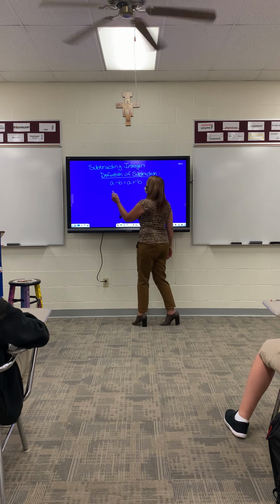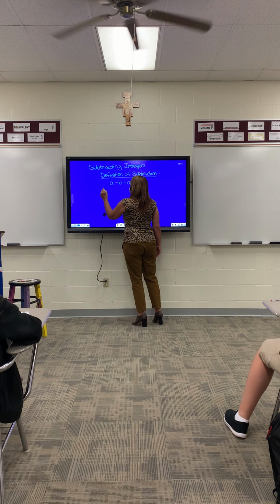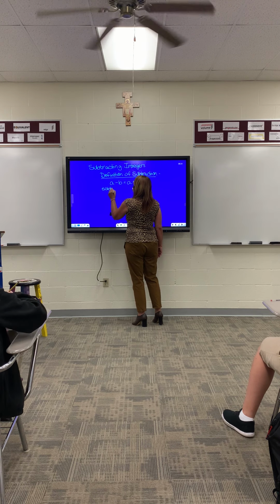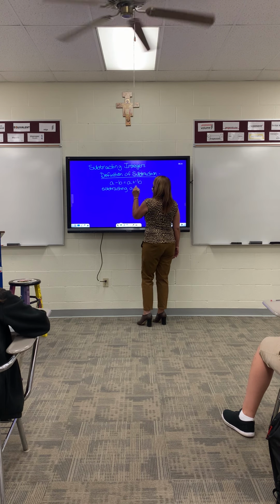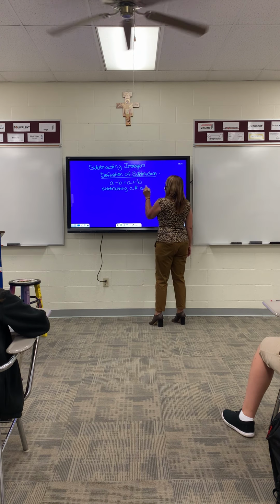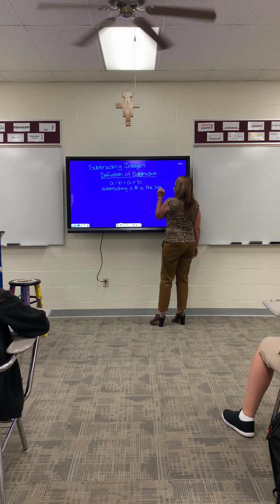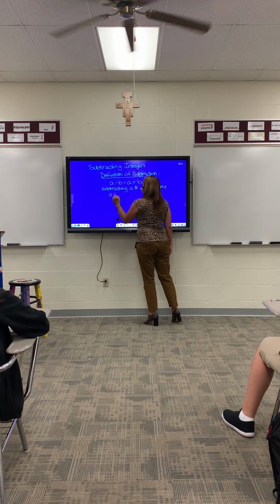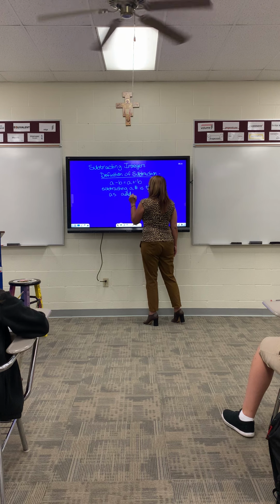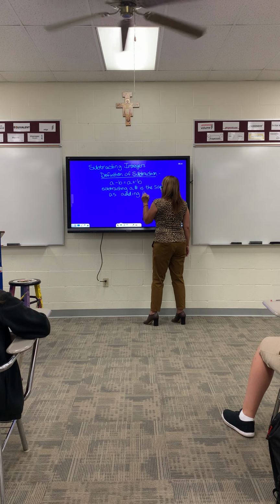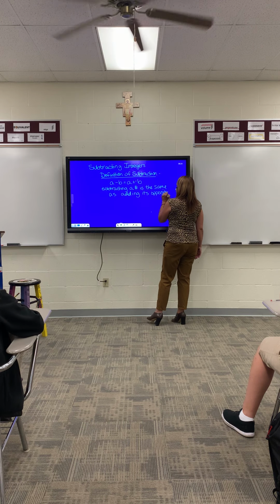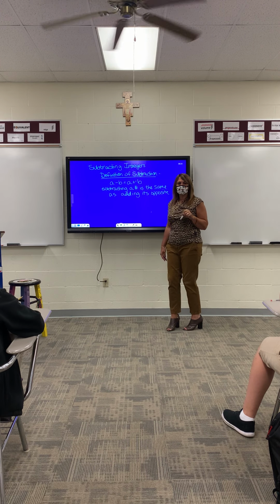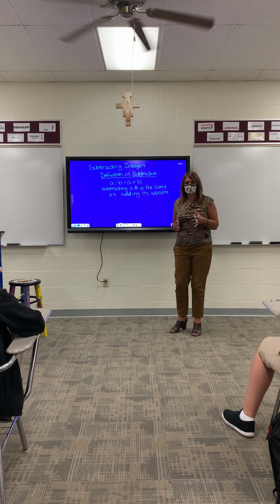Okay, so what this means is subtracting a number is the same as adding its opposite. So that's a property, and if you think about it, back to that number line.